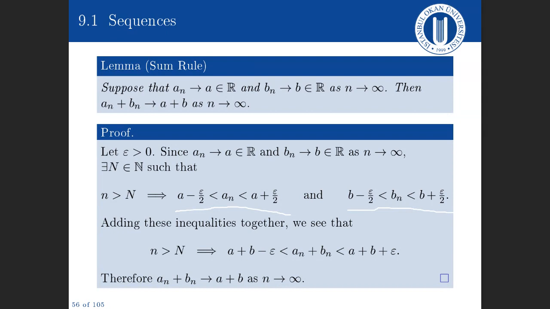We should really do this for an N1 and N2 first, and then let N be the maximum of these two numbers. If we add these together, we see that a_n plus b_n must be between A plus B minus epsilon and A plus B plus epsilon. And then that's the end of the proof. Therefore, a_n plus b_n converges to A plus B.